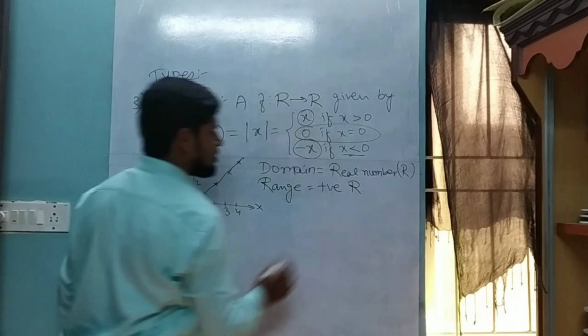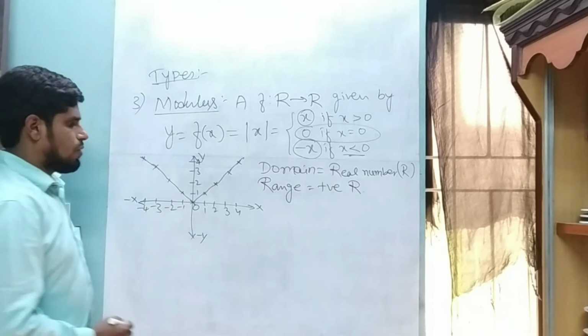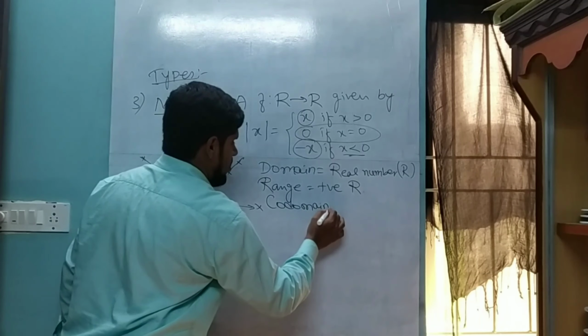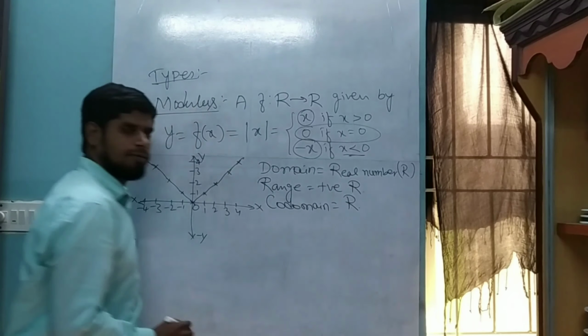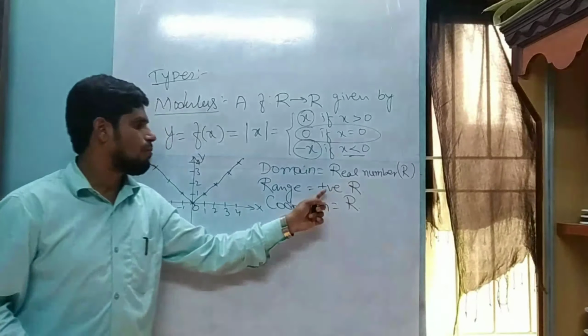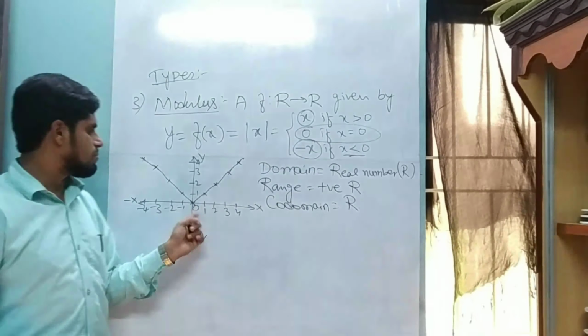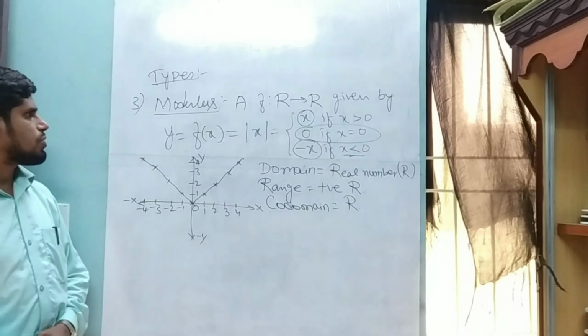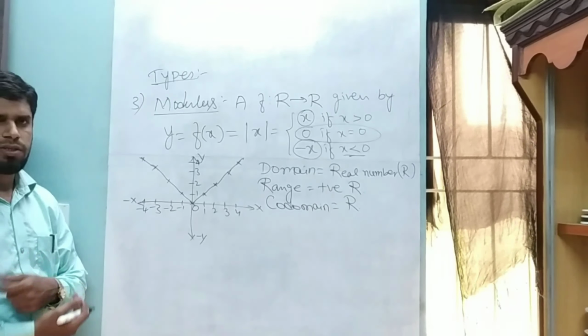Positive R, that is real numbers. What is the codomain? Codomain is the set of all real numbers. Positive real number means it starts from 0 to positive infinity. So student, this is about the modulus function.